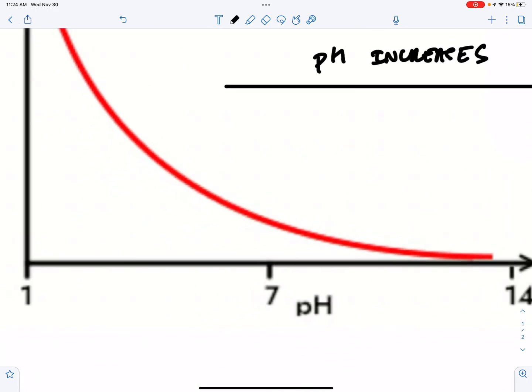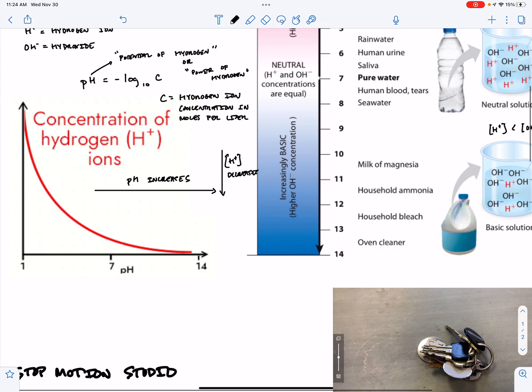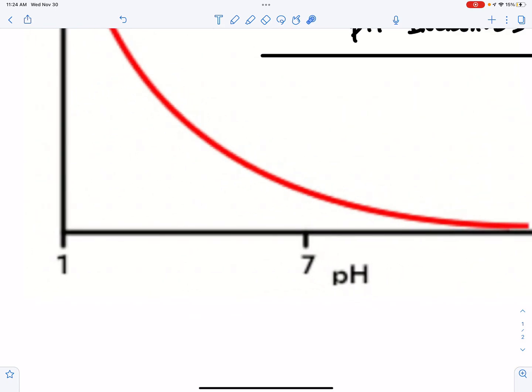Okay, so what is the scaling on this y-axis? Let's spend a little bit of time talking about that. Okay, let's imagine we have a pH of 7, something with a pH of 6, and then something with a pH of 8.